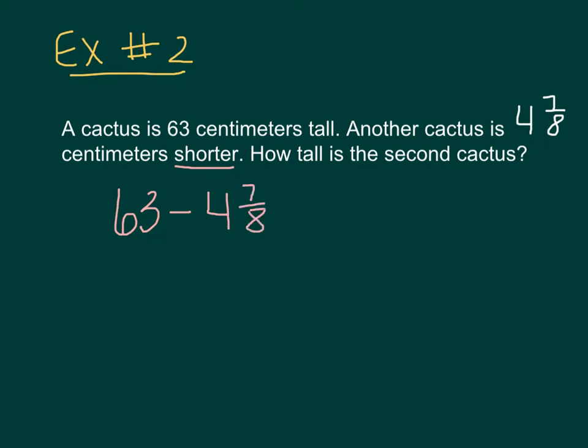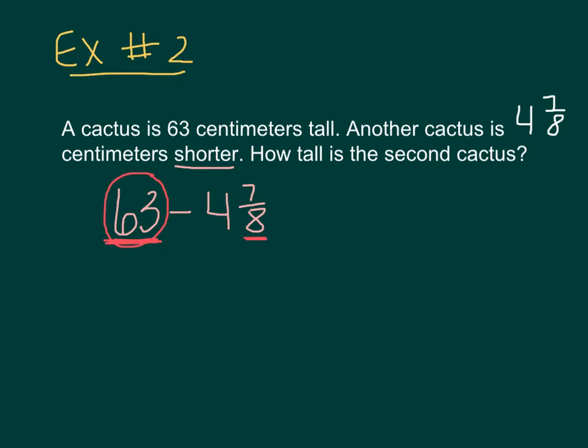Alright, now here is the tricky part. So you might want to write yourself some notes on this if you think you're going to forget. If we have just a whole number first, we can't subtract with the mixed number because it has a fraction, and we don't have a fraction over here. So we're going to have to make a fraction.